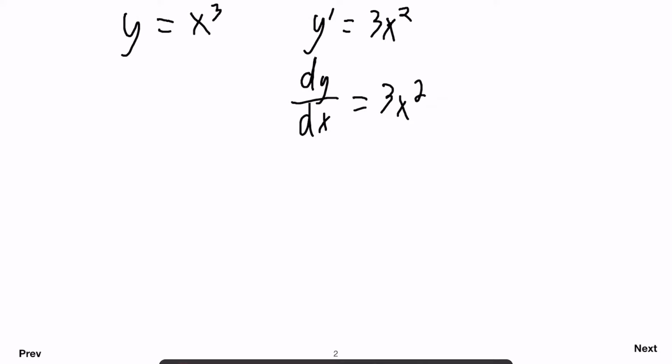The thing that I like about Leibniz notation is that we're more specific about what we're talking about. On the left-hand side, y prime, what does that mean? It's very ambiguous. In fact, this derivative is being taken with respect to x, but it doesn't say that anymore.